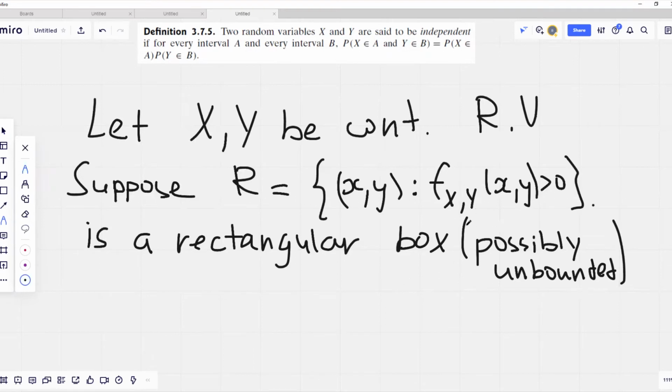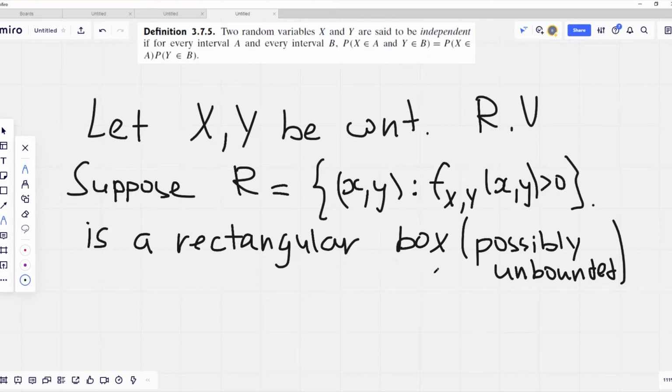So we can have a case when our joint PDF is non-zero over the whole xy plane, for all values of x from minus infinity to plus infinity and y from minus infinity to plus infinity.